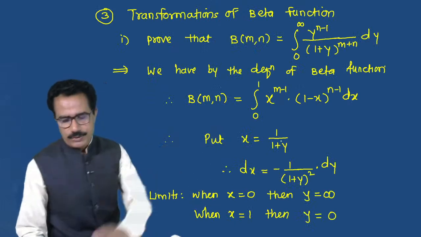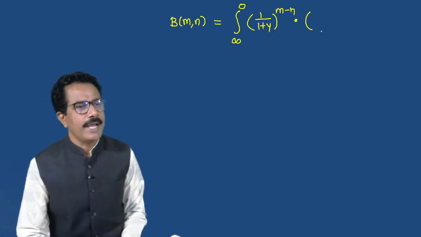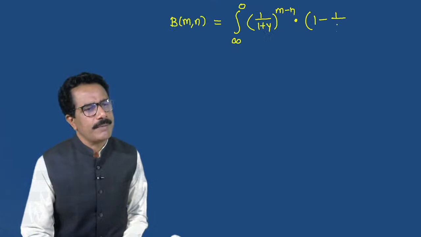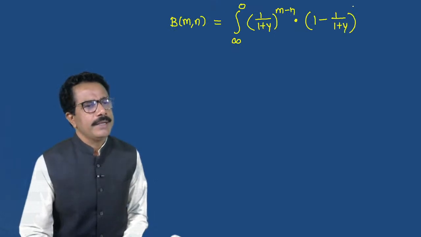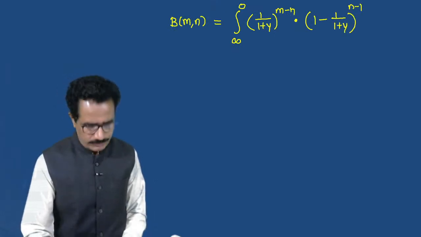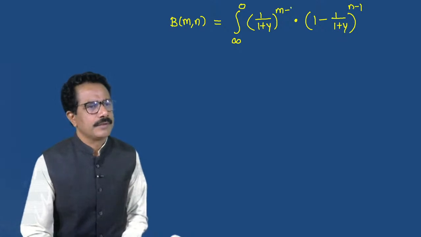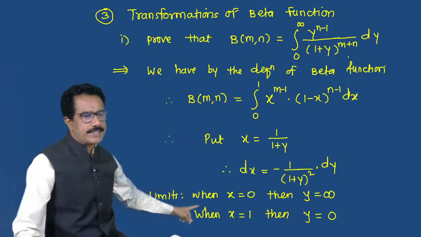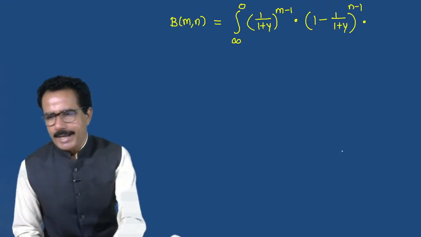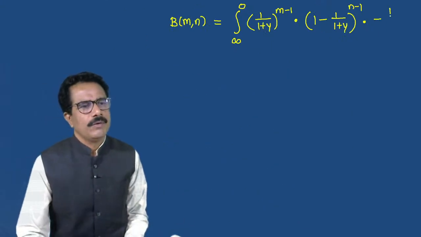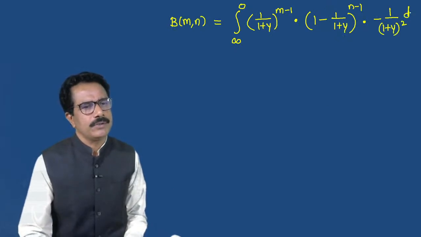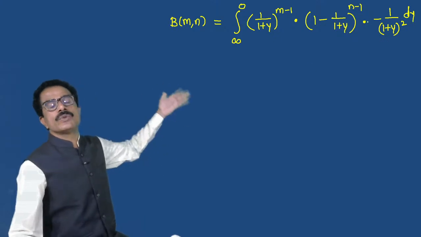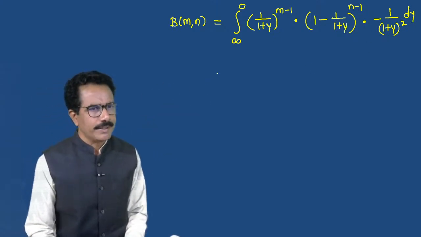In place of x we put 1 upon 1 plus y, (1 minus 1 upon 1 plus y) raised to n minus 1. Again we have to put the value of dx in terms of dy, minus 1 upon (1 plus y) square into dy. Now our aim is to solve this integral.